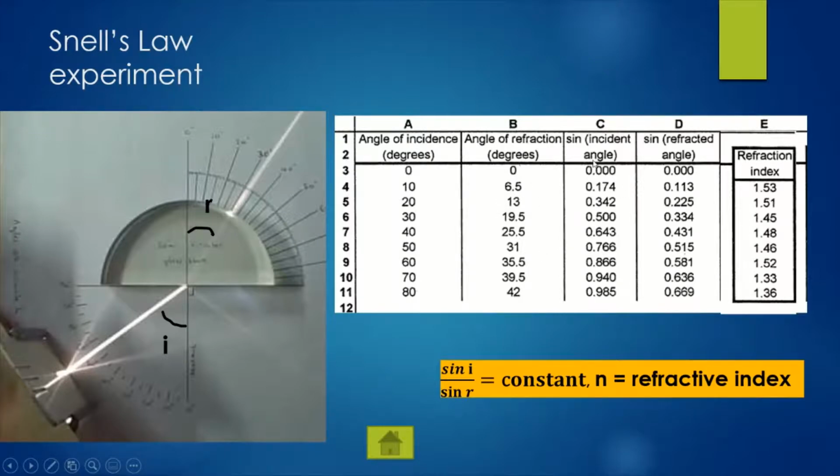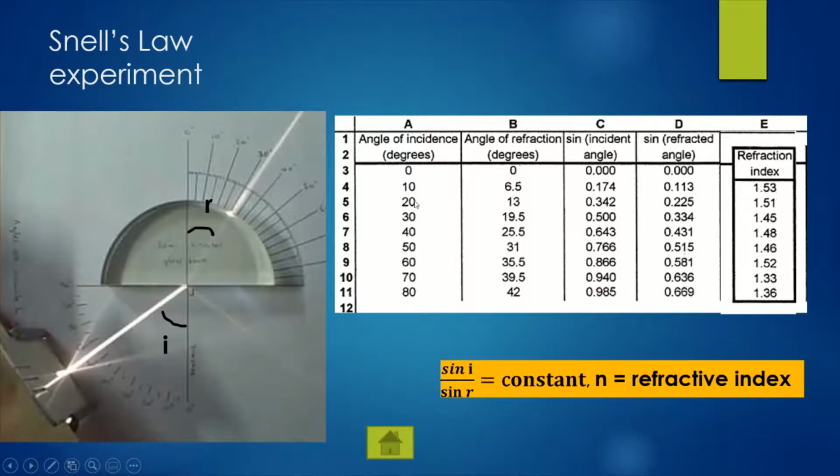After that, we calculate the sine of the incident angle and the sine of the refracted angle. And we get that sine of the incident angle divided by the sine of the refracted angle gives us a similar value. For example, when i is 10, r is 6.5, so sine i over sine r is 0.174 divided by 0.113, which gives us 1.53.